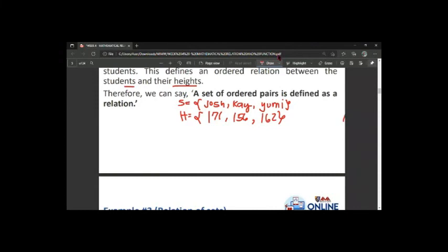So we can write here, no? R. Okay? So R, wait lang. R, so gagawa ka ng set ng ordered pairs, which is a relationship. So, for example, yung height ni Josh is 171. Ang height ni Kai is 156 and si Yumi is 162.